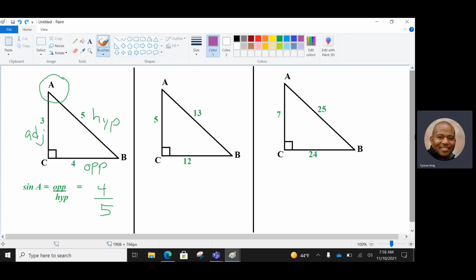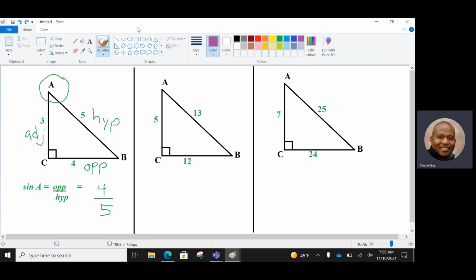This problem is already worked out for you. When you find the sine of A, remember, sine is opposite over hypotenuse. I circled A because A was my reference angle. I labeled my sides. The hypotenuse is the side opposite the right angle.